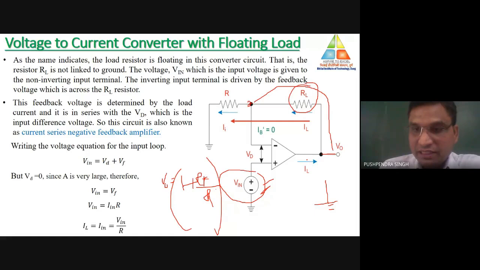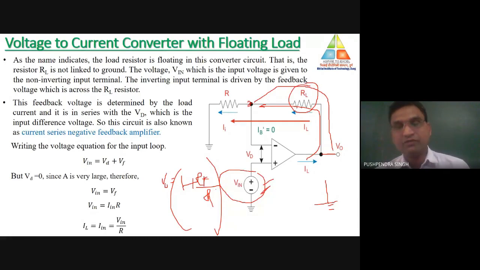That's why the load current is drawn from the output terminal towards the input terminal. In case of the non-inverting terminal of the op-amp, the direction of current is from the output terminal towards the input terminal, and that same current will flow across this input resistance R. Why will the same current, this IL, flow across the input resistance R?